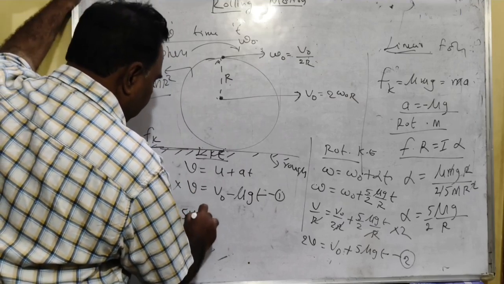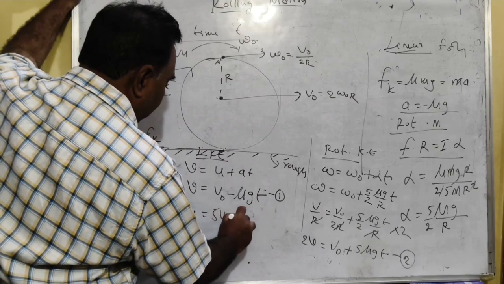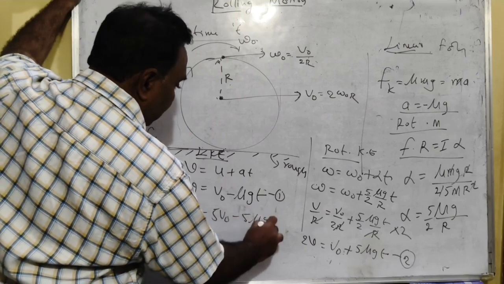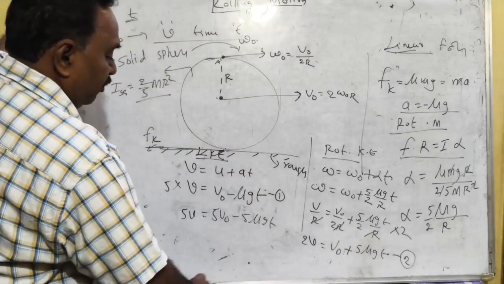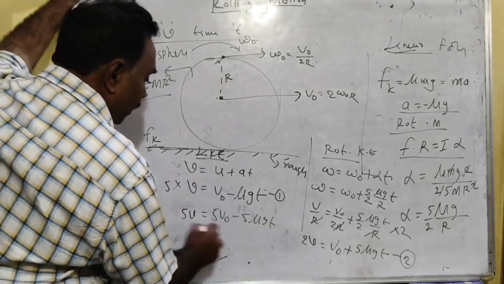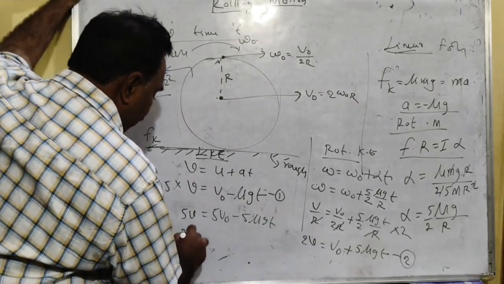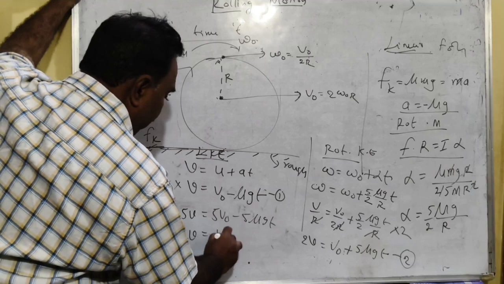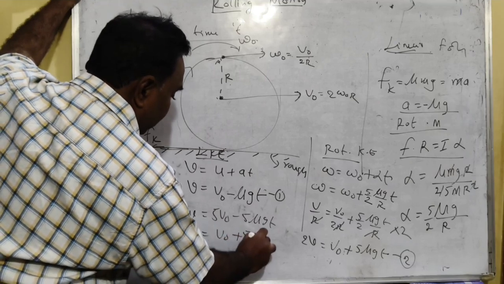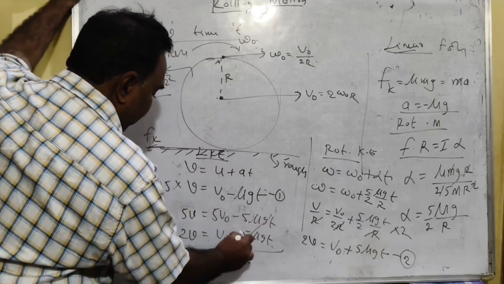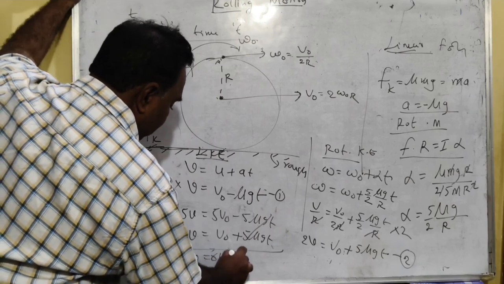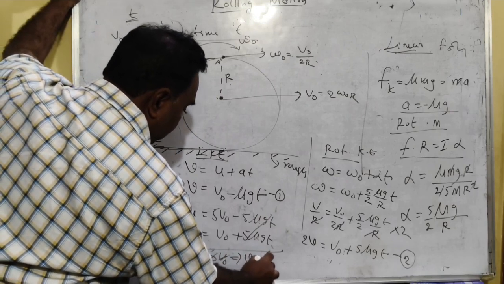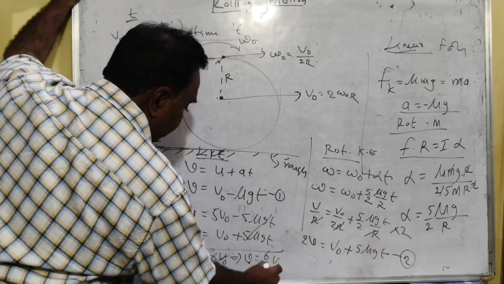Therefore, we get 5v is equal to 5v naught minus 5 mu g t. Why? To eliminate the 5 mu g t, because here also we have 5 mu g t, then we will get the v value. The second equation is 2v is equal to v naught plus 5 mu g t. After simplifying, we get 7v is equal to 6v naught, which implies v is equal to 6/7 v naught.